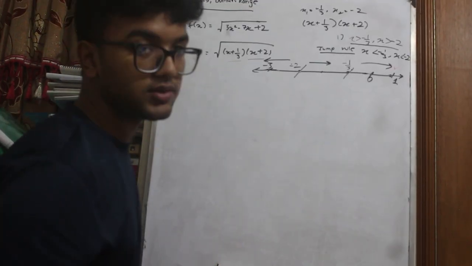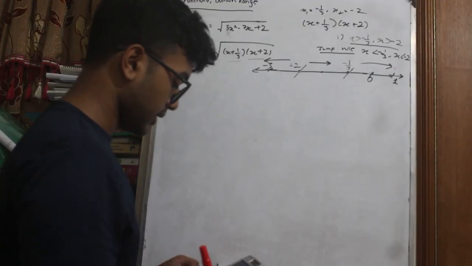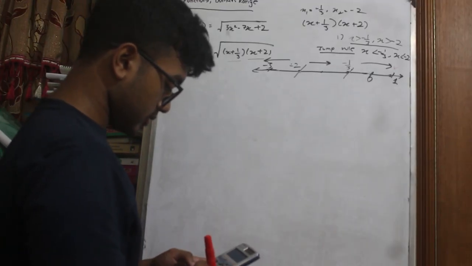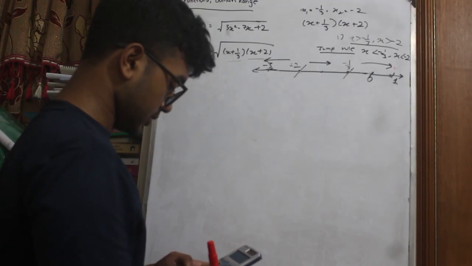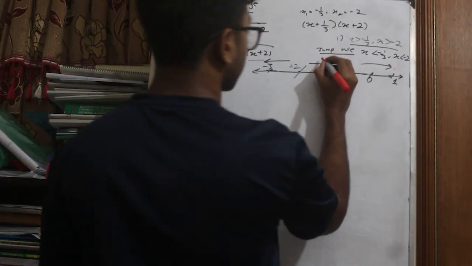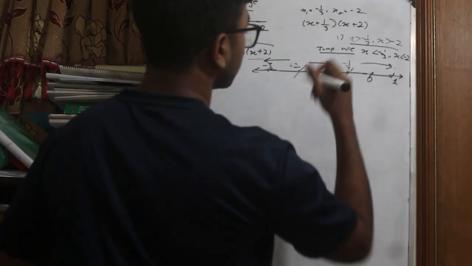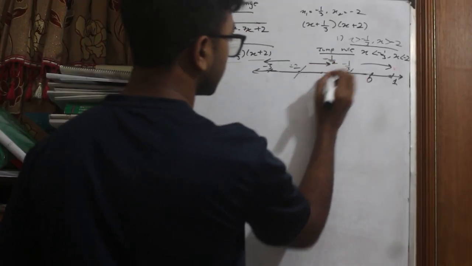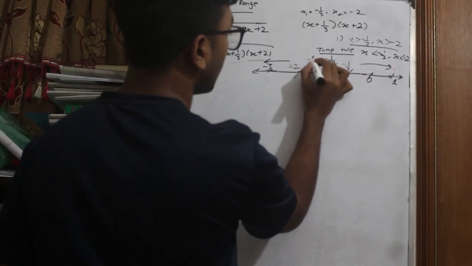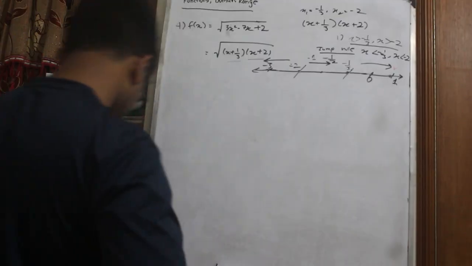So what's a value that is smaller than minus 1 by 3? It's minus 1 by 2. I'm so sorry about this, I messed that up. Or we could just put minus 1. What am I doing?